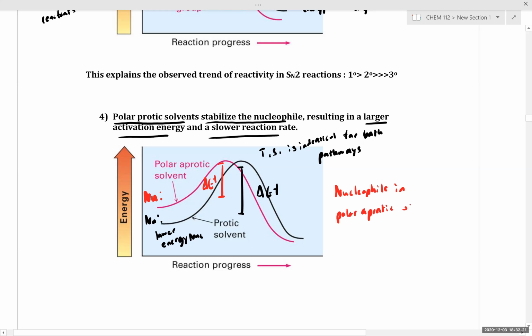So the nucleophile in polar aprotic solvents is less stable and higher in energy.